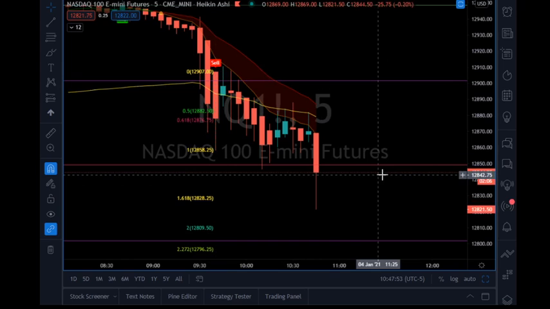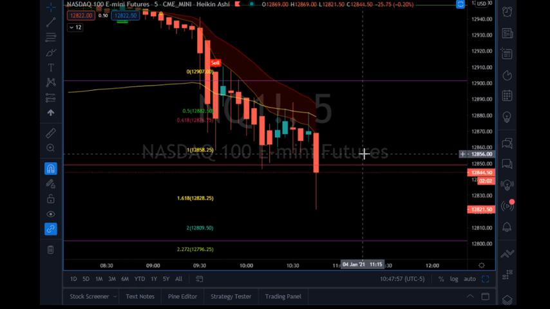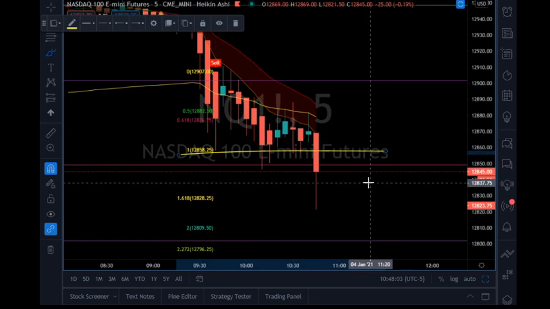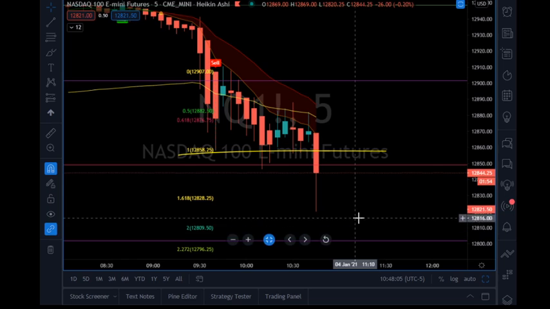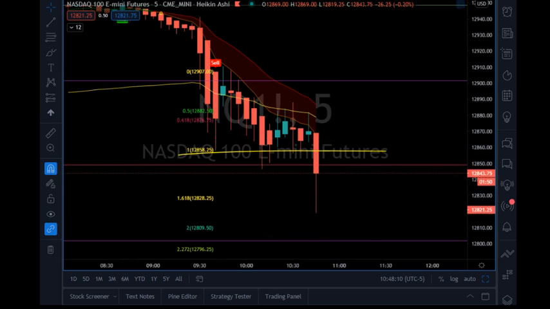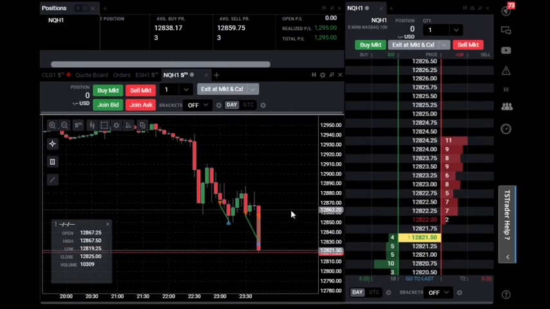So the best chance is to requeue again at the same level. This created another opportunity to go short one more time, and we managed to get a good solid profit of another $900.